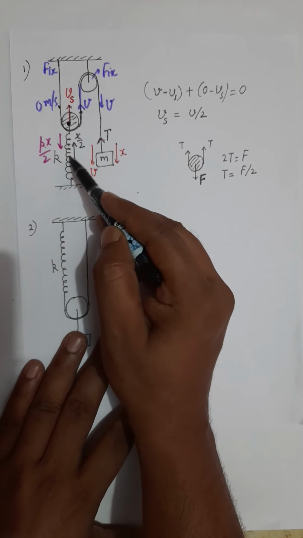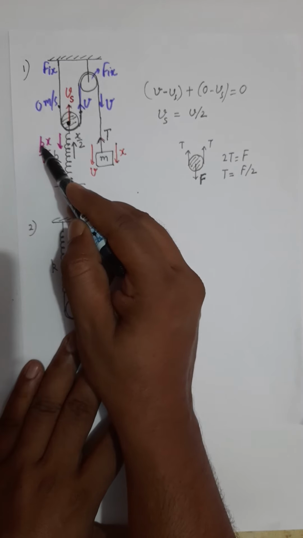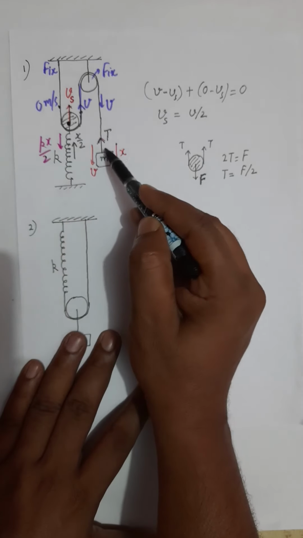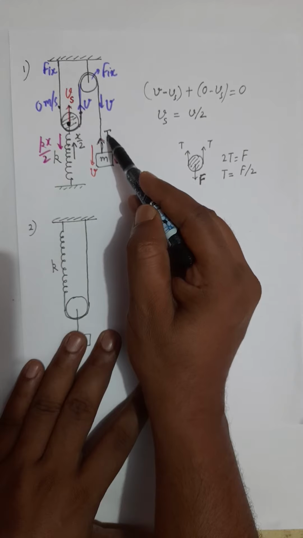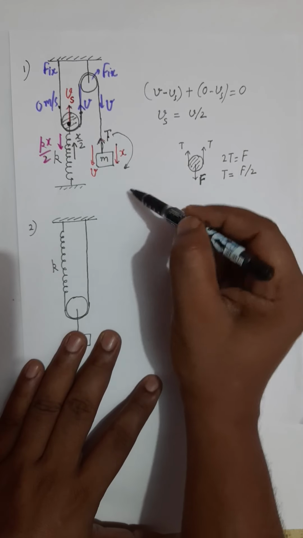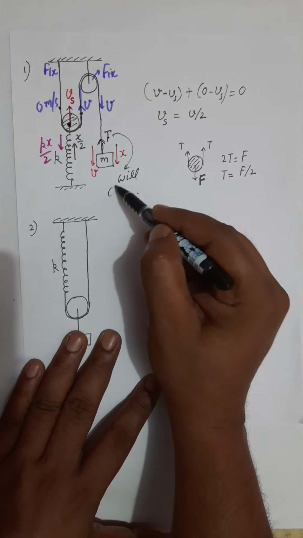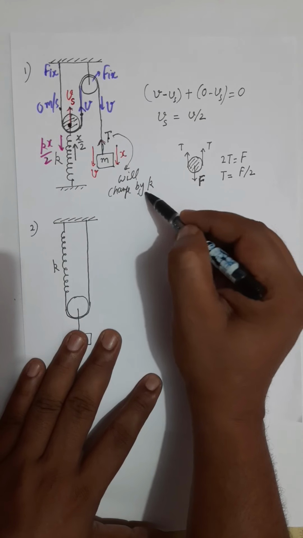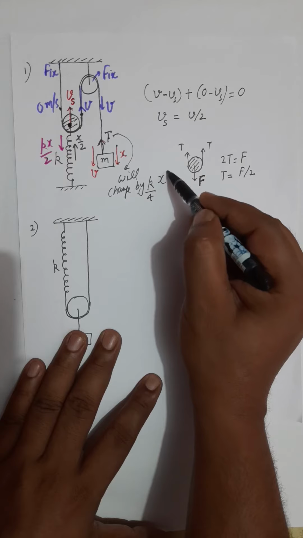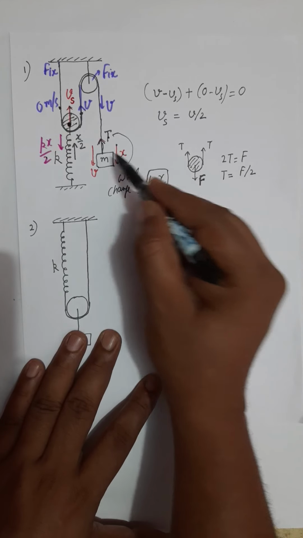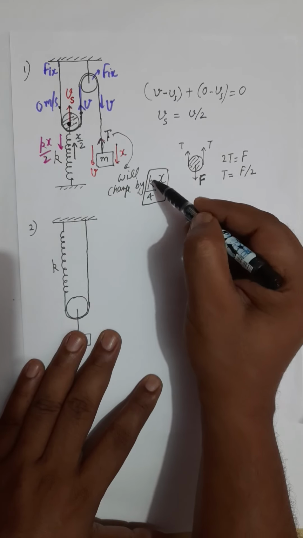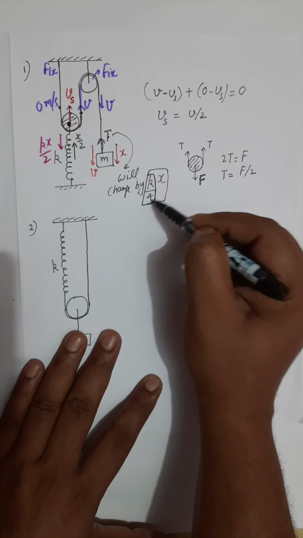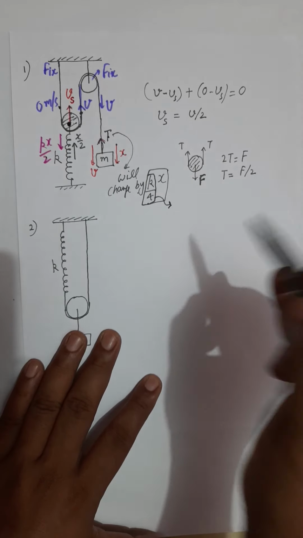So if this force which is in this spring changes by kx by 2, the corresponding tension T will change by half of this value, which is k by 4 times x. And that means if the force changes by k by 4 times x, you can take this k by 4 as your effective spring constant.